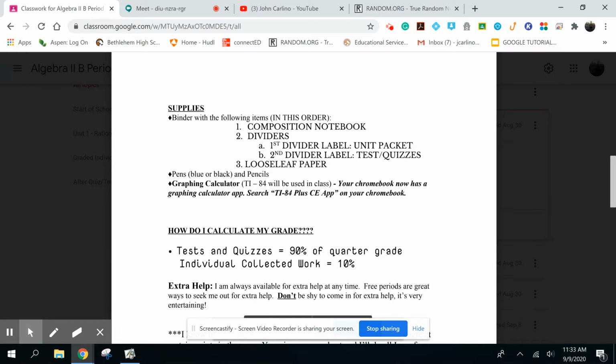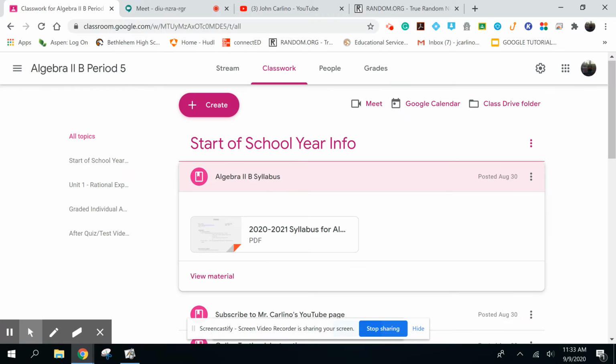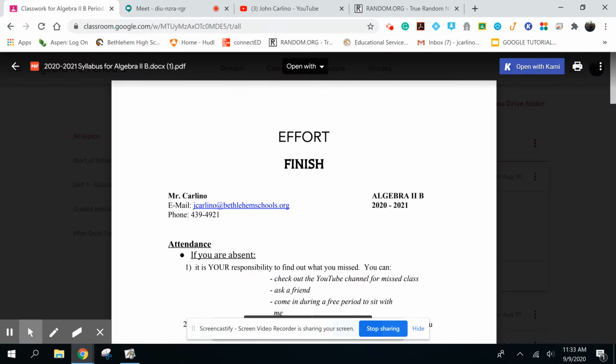I can't lend them out this year, because of safety reasons. So you may need to borrow it from a friend. I don't know, rough up a smart kid or one of the freshmen that have a new one, whatever you have to do. Find some way to get one in class though. And that's pretty much it, guys, as far as the syllabus is concerned.